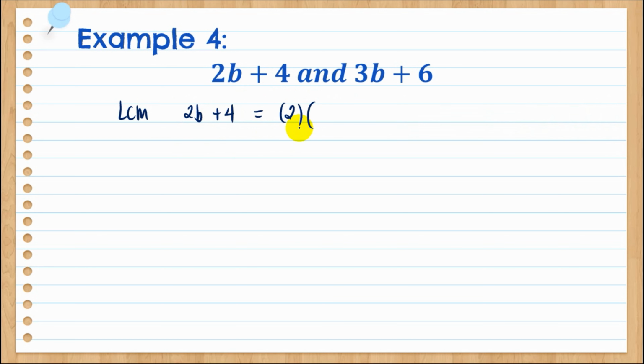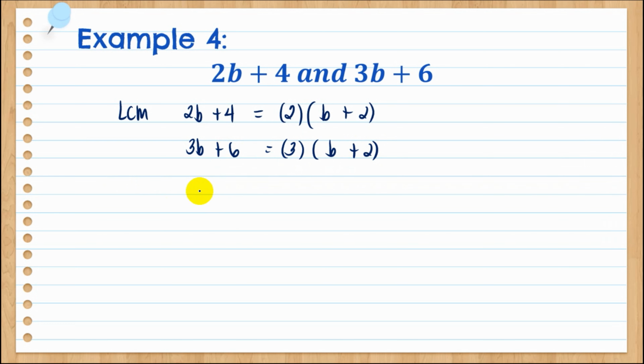And then, factor out na natin, 2b divided by 2 is b, and then positive 4 divided by 2 is positive 2. Now, for 3b plus 6, 3 and 6, common sa kanila ang 3. Then, 3b divided by 3 is b, positive 6 divided by 3 is positive 2.